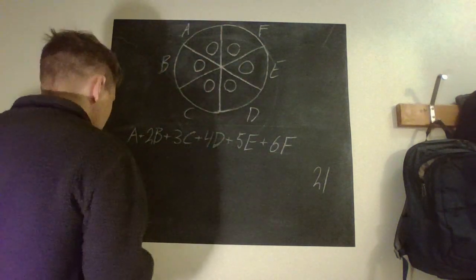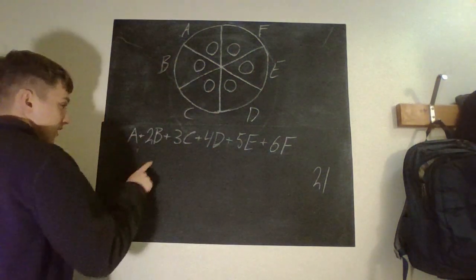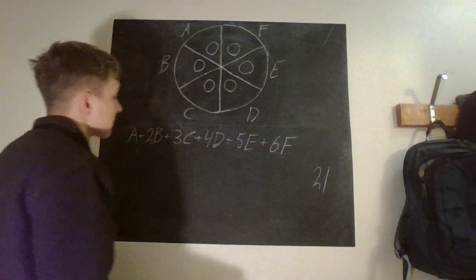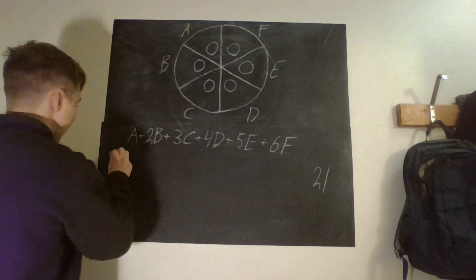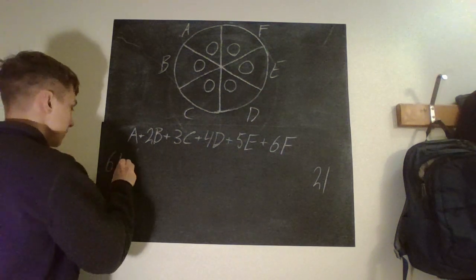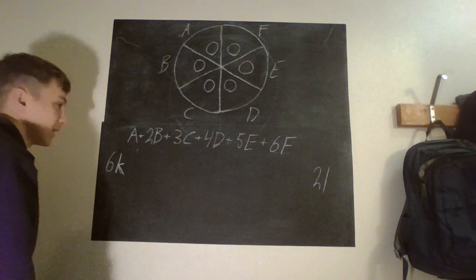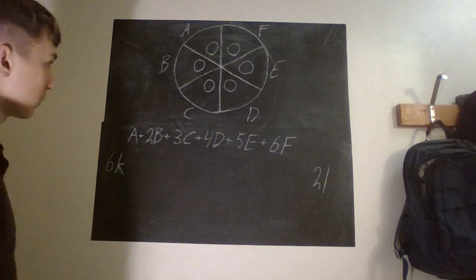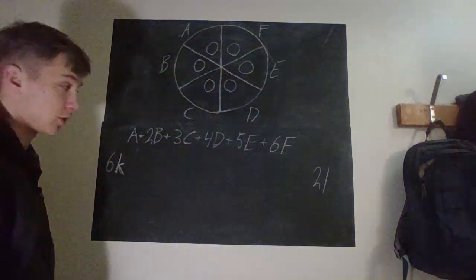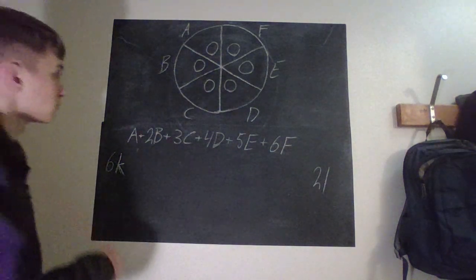So it could be a 6 here or a 6 there, so the value would be either 6, 12, 18, 24, 30, or 36. But we can just write 6k. So we want to go from 21 to 6k, and I will show you now that that is impossible, because, spoiler alert, that is odd and that is even.